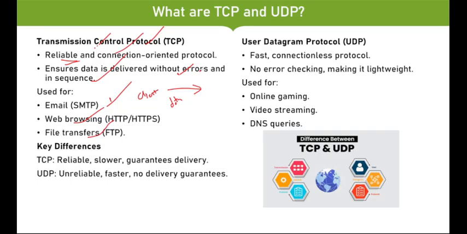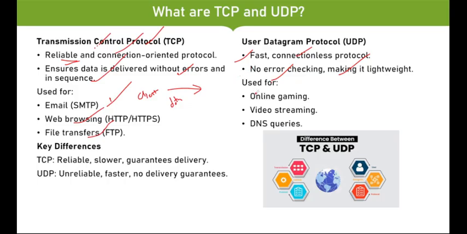Whereas UDP is a fast, connectionless protocol. There is no error checking, making it lightweight. Basically, UDP is used for video streaming or a video call. There we don't want the connection and we don't want the reliability. What we require there is speed, right?